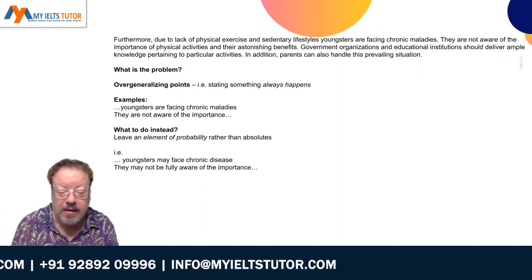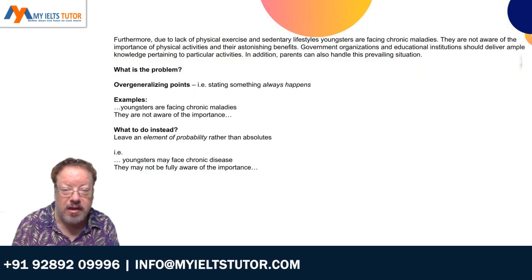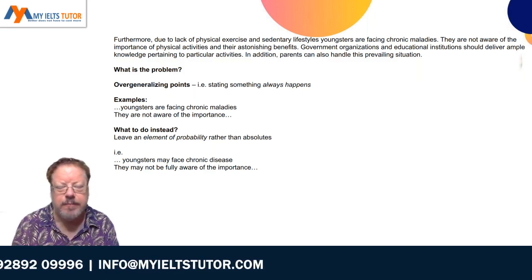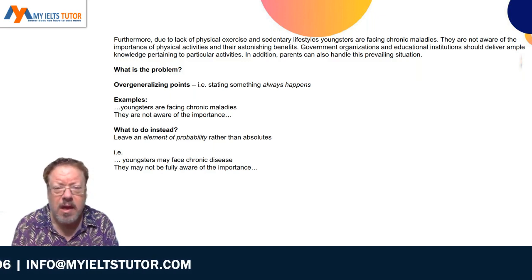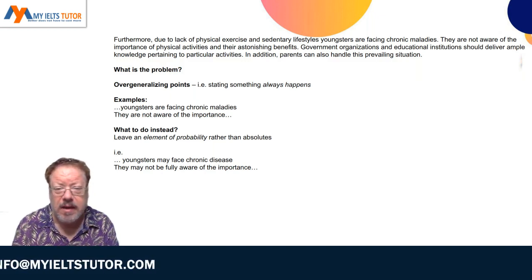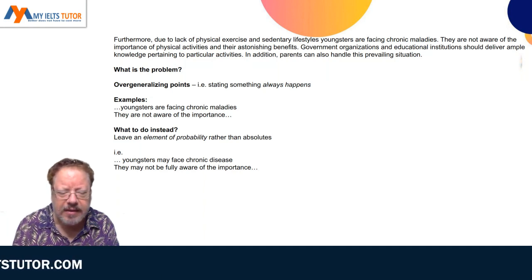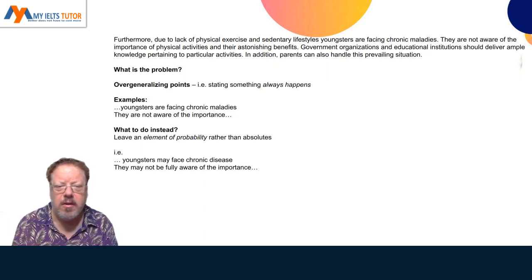Now, aside from the use of astonishing here, which is incorrect, what's the problem? Is there a problem with this particular part of the paragraph? What do you think? Well, if you said that there's overgeneralization, you're correct, because there are two parts here where things are overgeneralized.